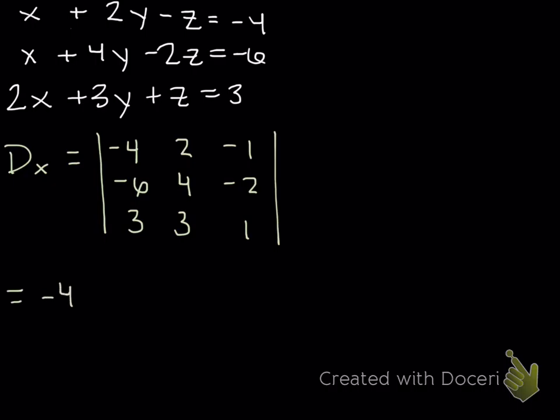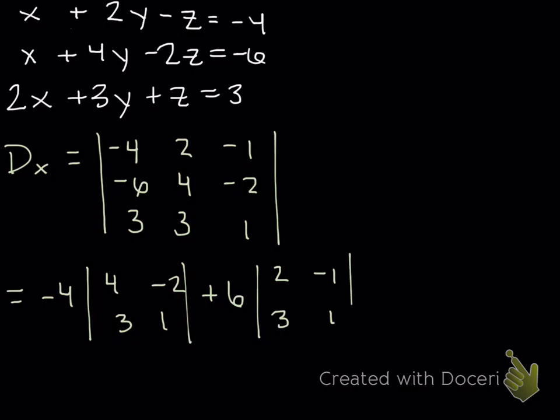I keep the first value, and my 2x2 will become 4, -2, 3, 1. Then it's going to be the opposite sign, so this will become plus 6. And I'll have 2, -1, 3, 1. And then it's the same sign, so plus 3. And my 2x2 will be 2, -1, 4, -2.